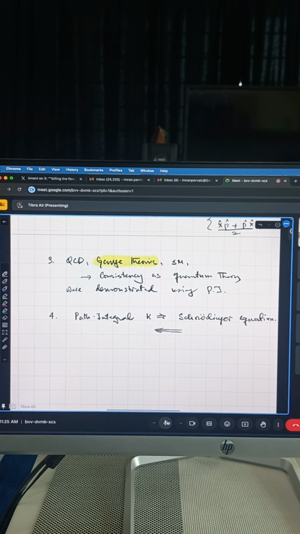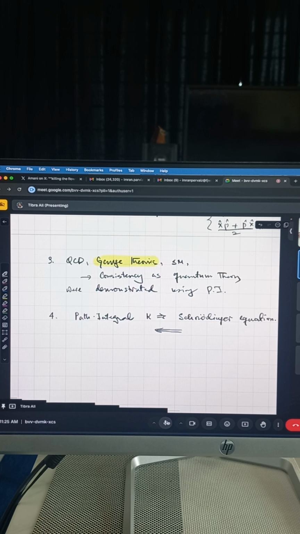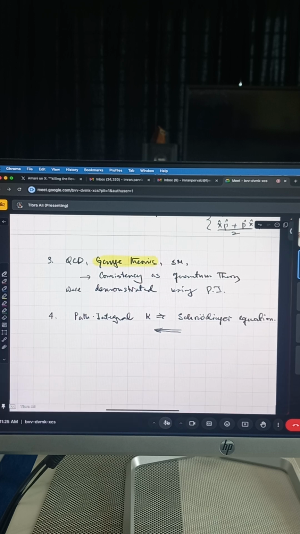Hamas, you want to say something? So I partially understand the question, but these operators, I believe, would show up as functions now in the path integral, right? If you're taking the correlations of those.